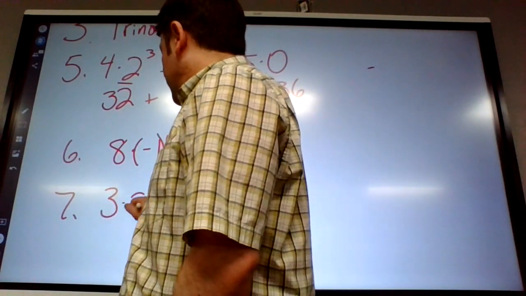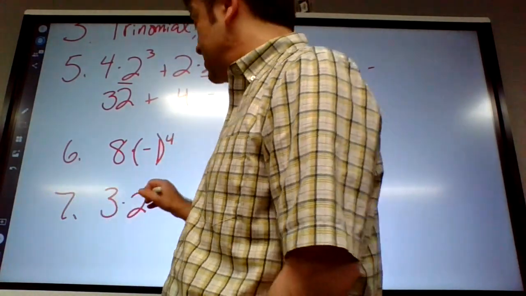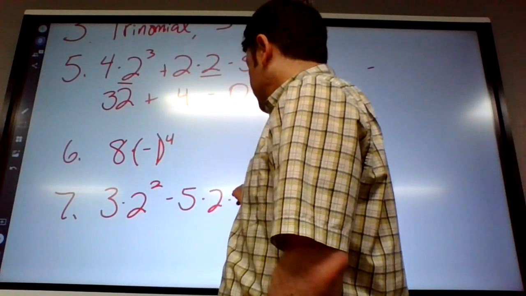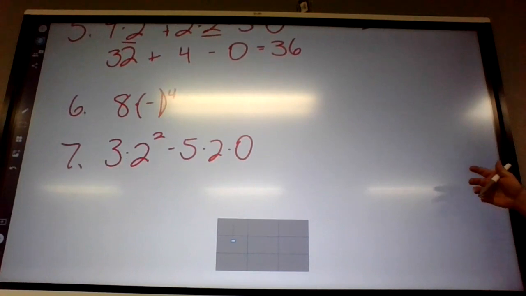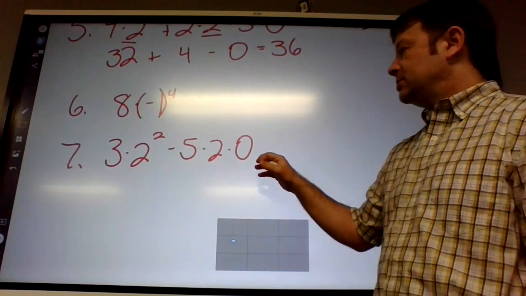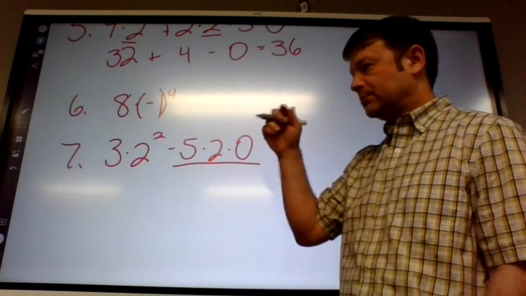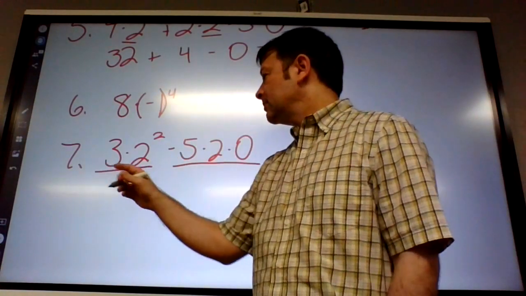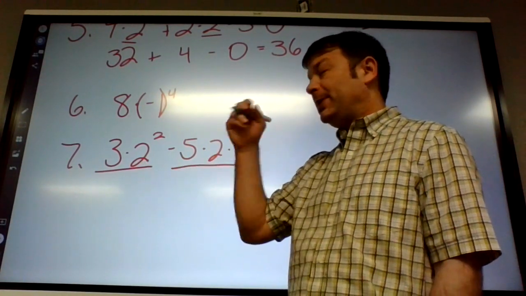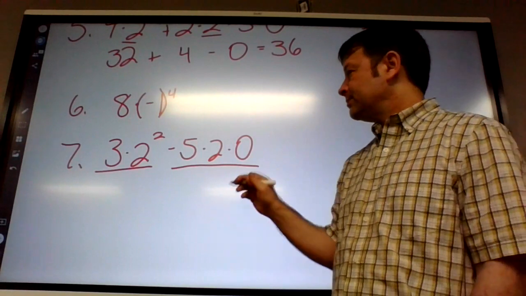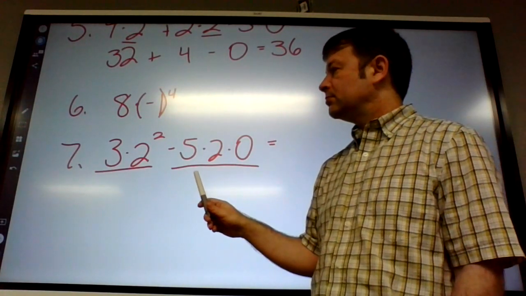3x squared, 3 times 2 squared, minus 5 times x times z. So this term, Davin, what would that be? That would be 0, so it kind of just goes away. And what would this term be? 3 in parentheses, 2 squared.